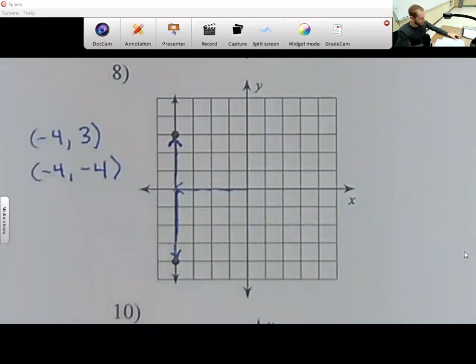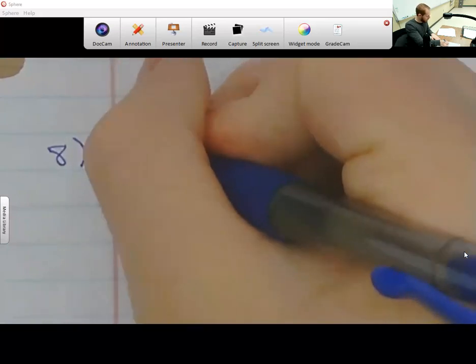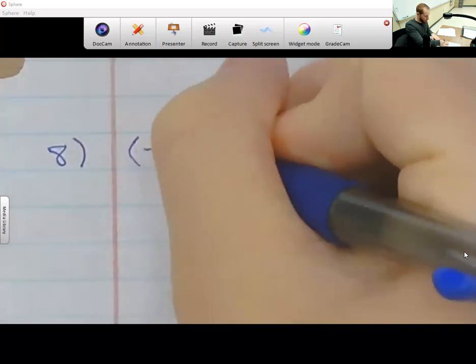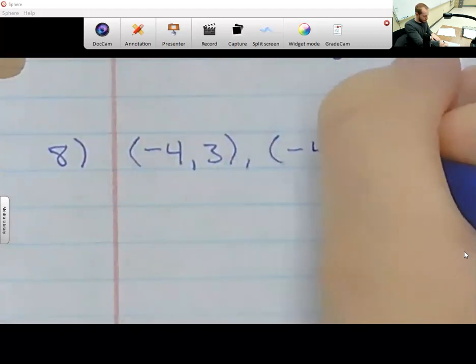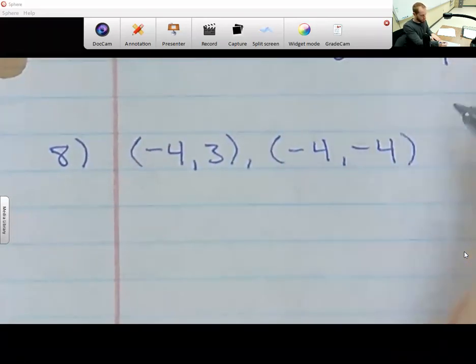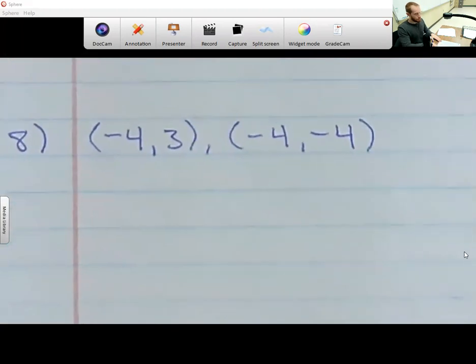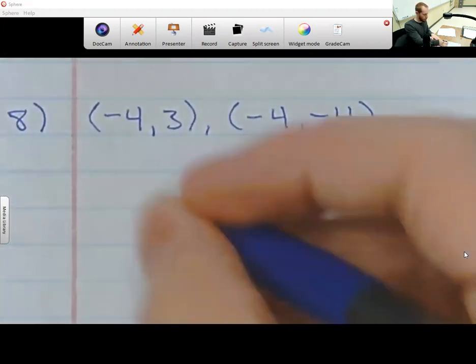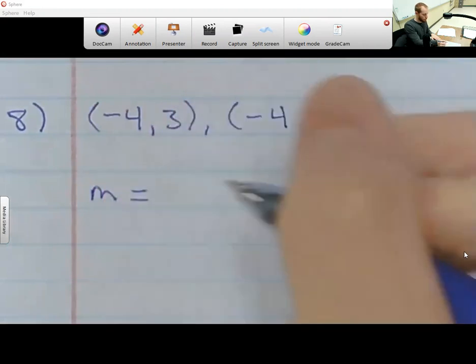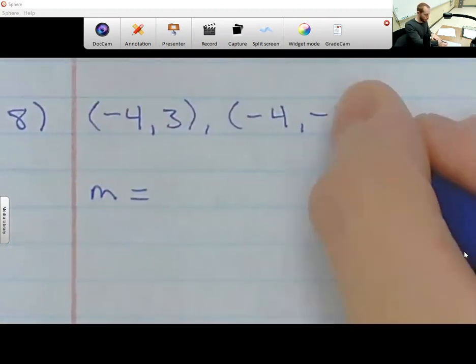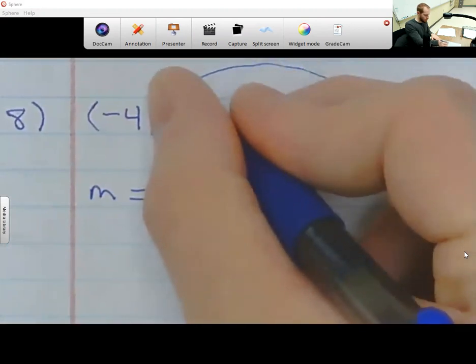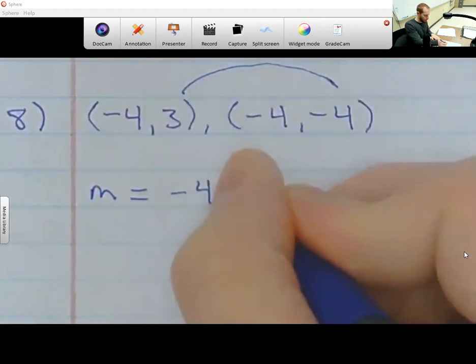Okay? So let's write down our points. We have -4, 3, and -4, -4. Okay. So using these 2 points, my slope is going to be m equals, we'll subtract the y's on top. So I'm going to have -4 minus 3.